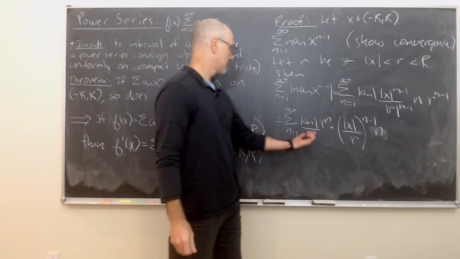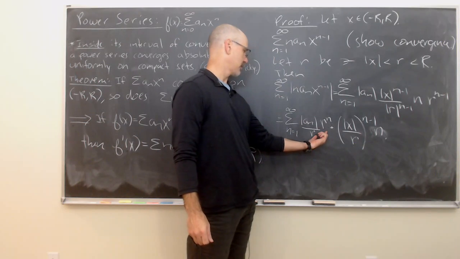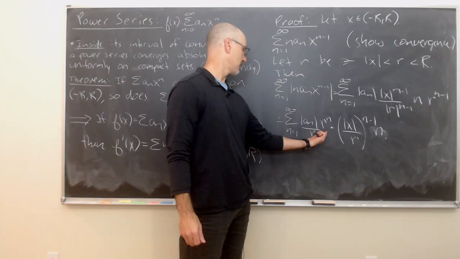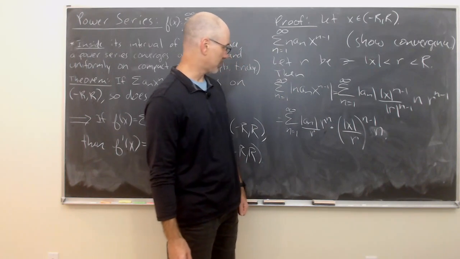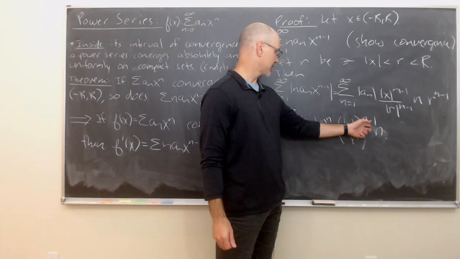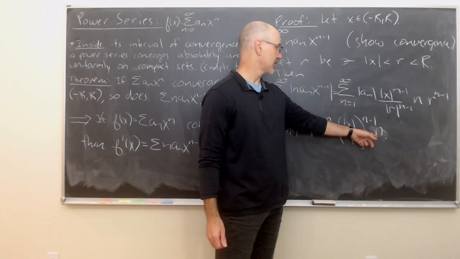Again, multiply top and bottom by r, so that r to the n minus 1 is now just r to the n divided by r. And then I just brought the exponent outside the parentheses, and I know I'm still multiplying by n.